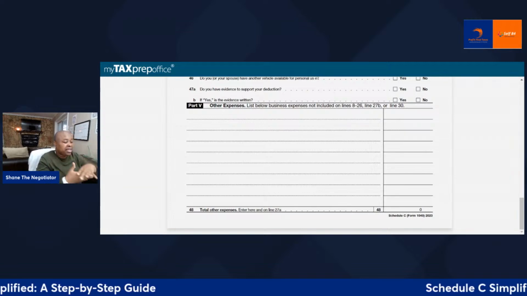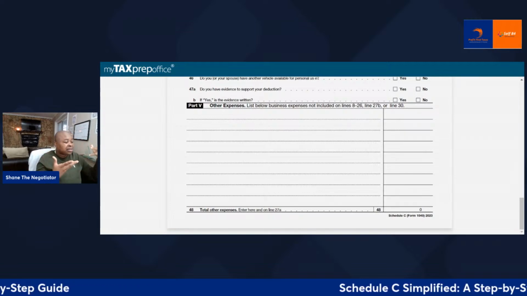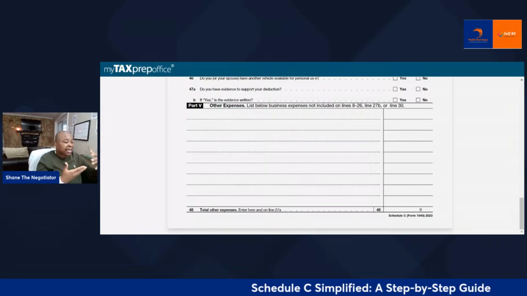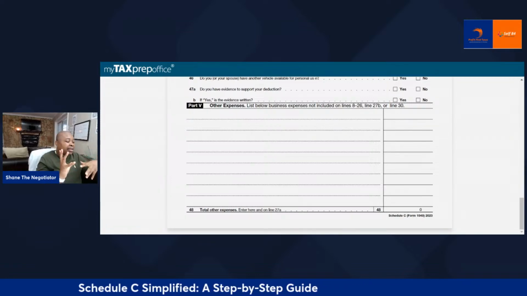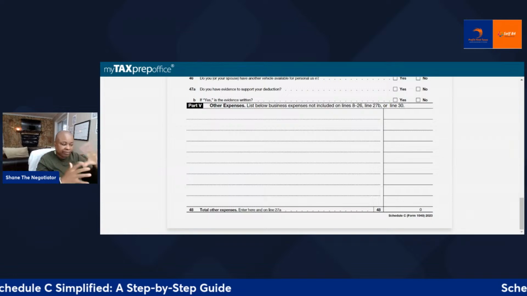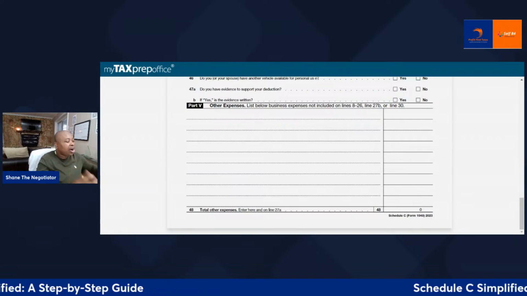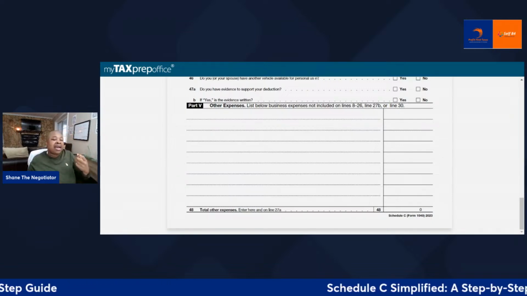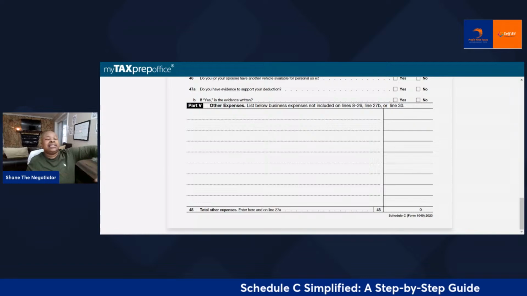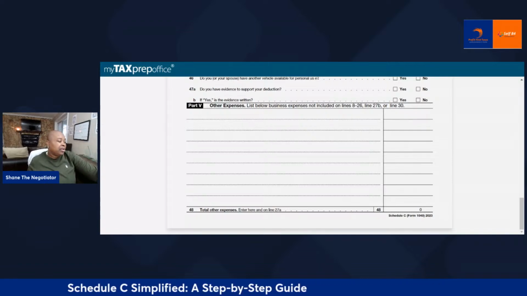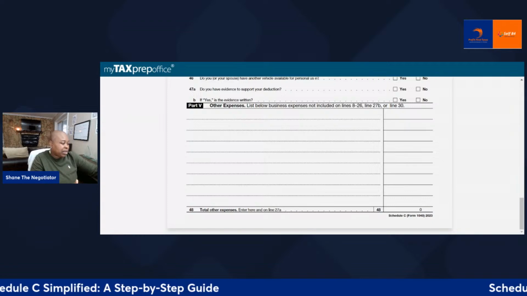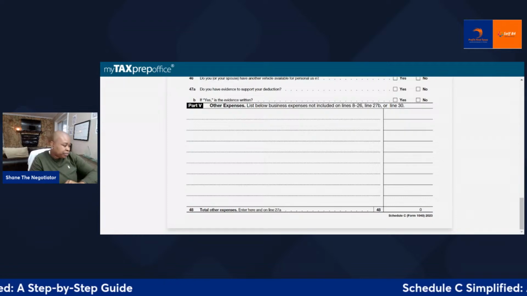Line 27B was the total amount that we end up getting. And then line 30 was where we had the home office expense information. So any other expenses that you have for your business that were not listed anywhere else above, you would slide in here and list it out.